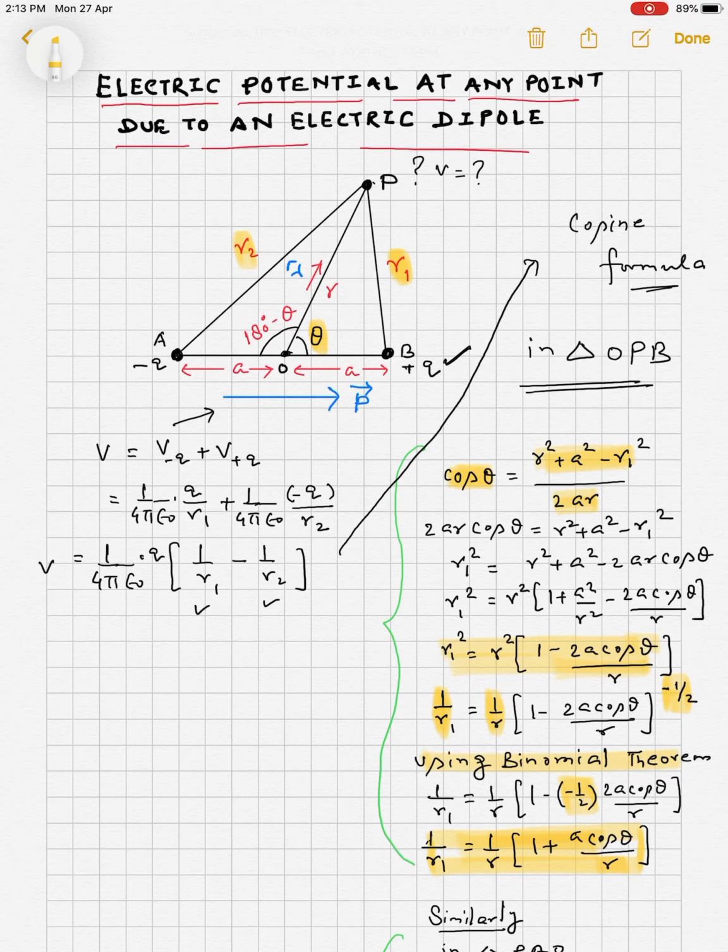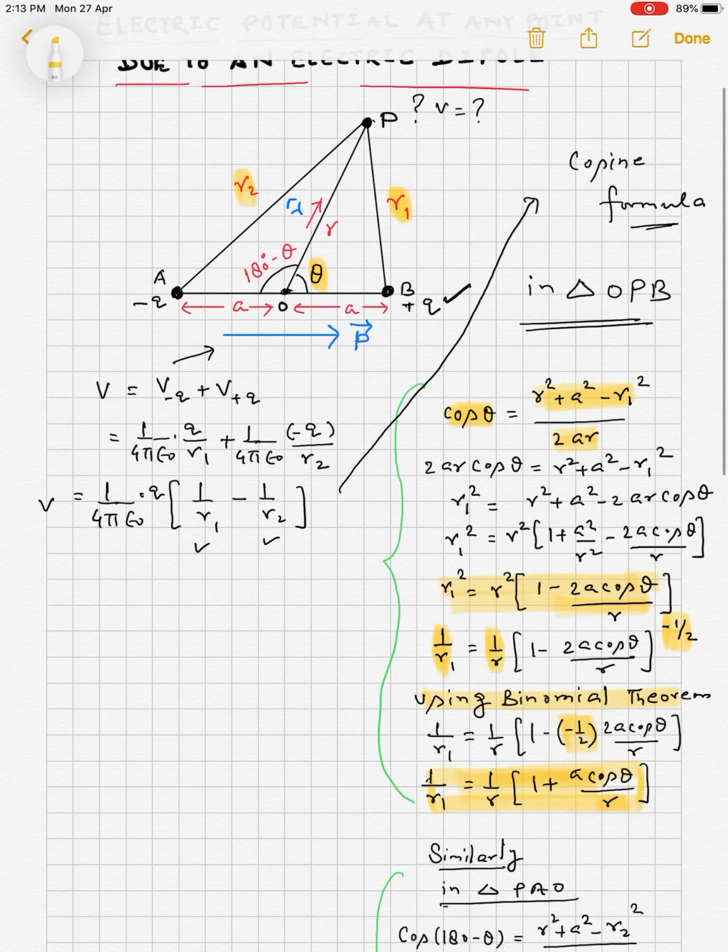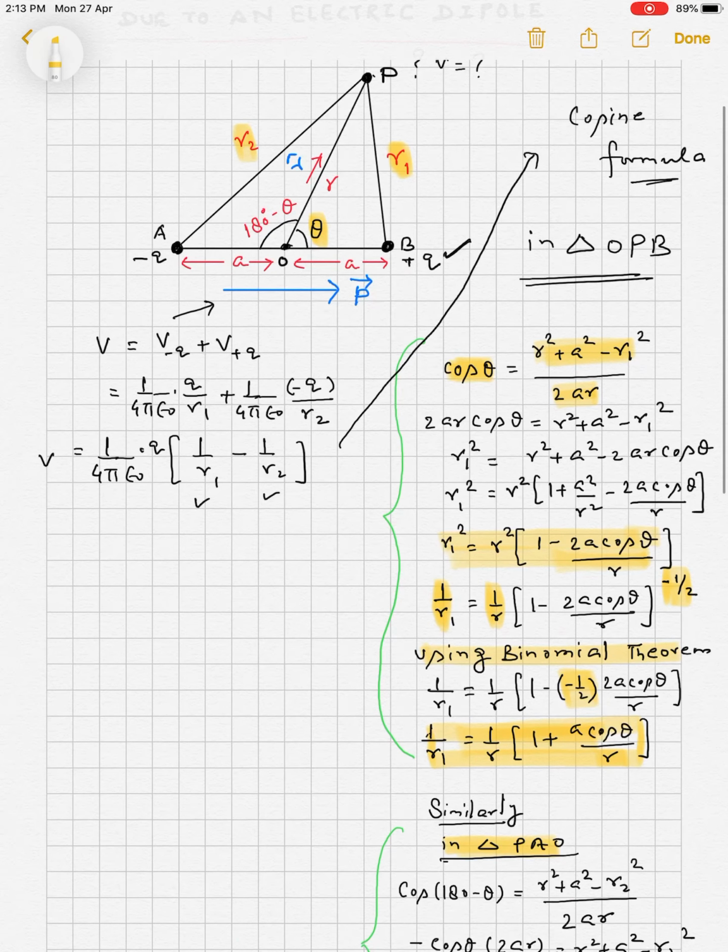Similarly, in triangle PAO, the angle is 180 minus theta. So cos of 180 minus theta is equal to, writing in the same way, r square plus a square minus r2 square upon 2ar.